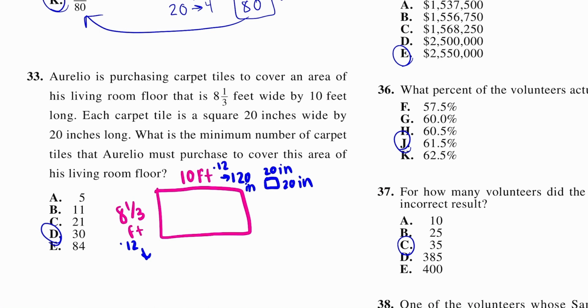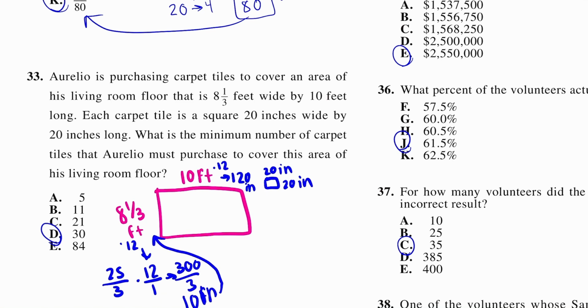Let's double check that with our math. So 8 1/3 is 25 over 3. If I multiply that by 12, 25 times 12 is 300, and 300 divided by 3 is 100 inches.